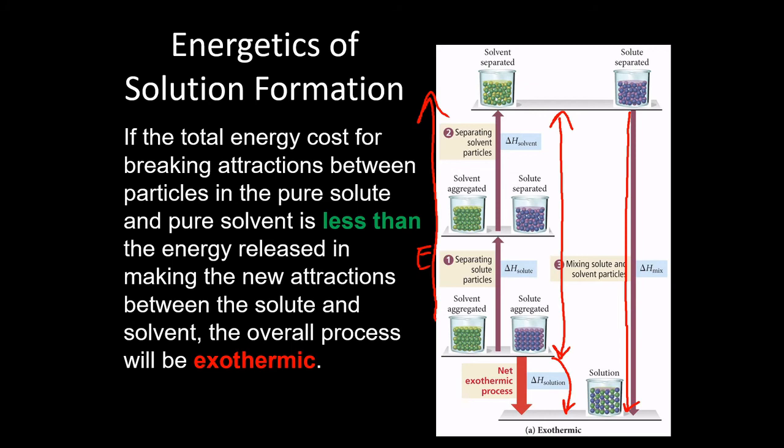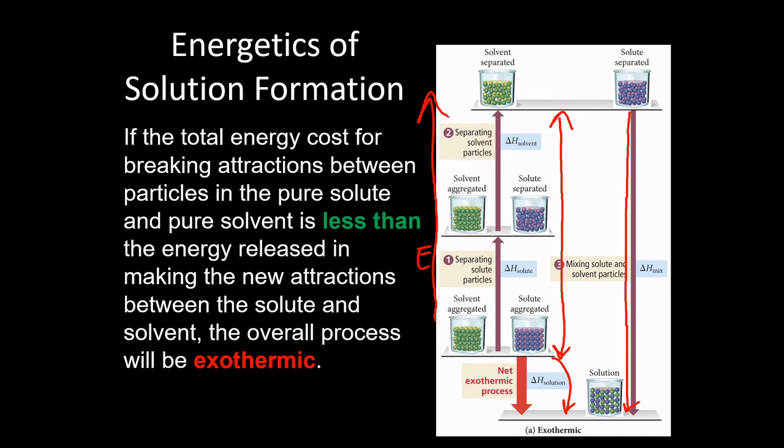Remember, exothermic processes feel hot to us because heat is released to the surroundings, and we are part of the surroundings. And so heat is released to us, and so it feels hot. This is what happens anytime you mix acids and water, by the way. This is why they always say that you should add acid to water, not the other way around, because if you add water to acid, you can actually flash boil the water because of the amount of heat that's released.